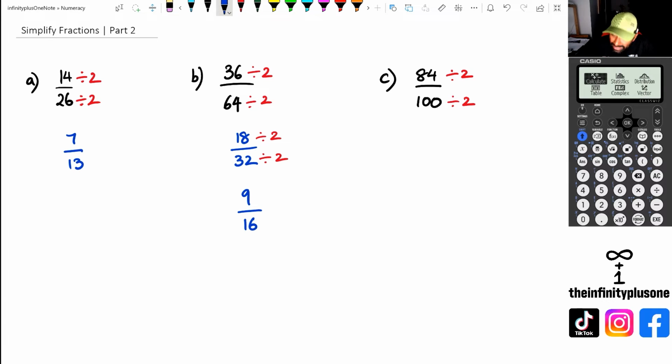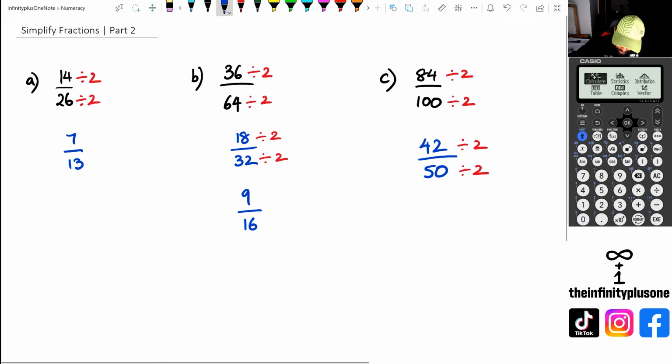And when we do this, 84 divided by 2 is 42. 100 divided by 2 is 50. And once again, we can look at those two numbers, and you can see that they're even. So I'm going to divide by 2 yet again. And when I do that, I am going to get 21 out of 25. Now, what I need you to understand is that not every time it's going to be divisible by 2.